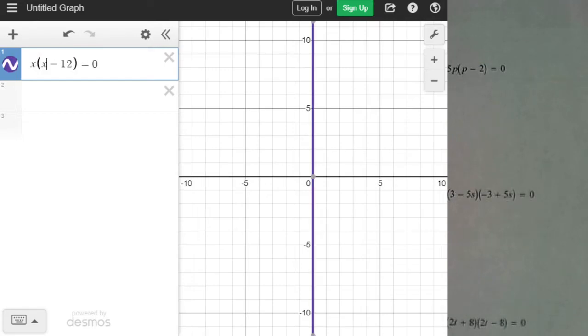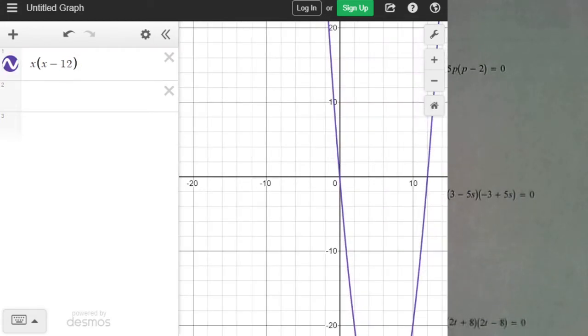It doesn't really like our a, so we're going to do that. As we zoom out, we have when our x equals 0, or when our x equals 12, it crosses the x-axis.